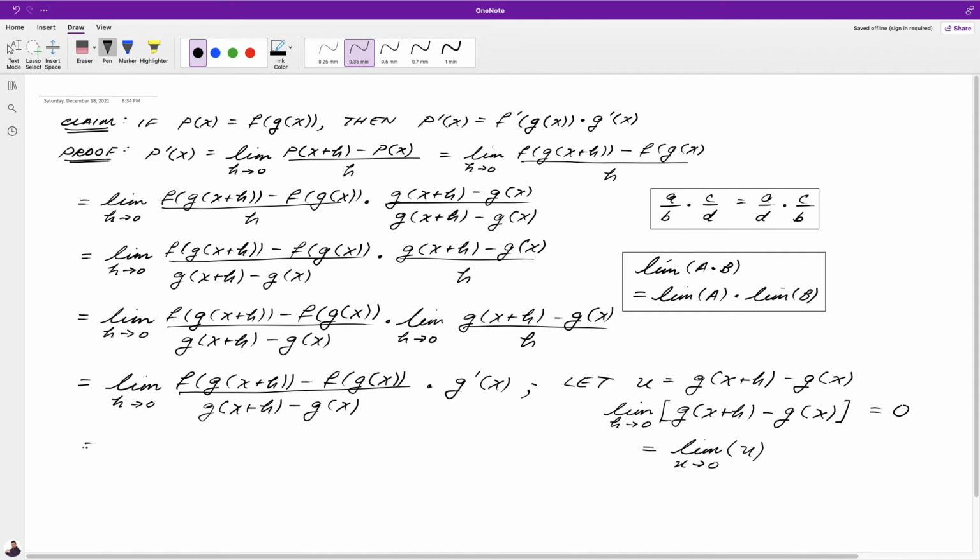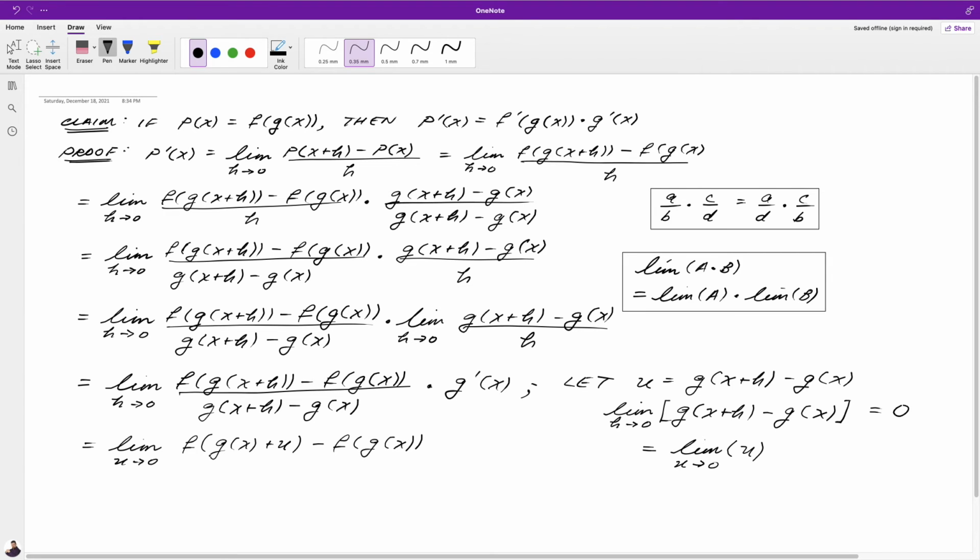I can say, this is equal to the limit now as u goes to 0. What is f of g of x plus h? Well, that's just f of something, and g of x plus h is just u plus g of x. I can solve for g of x plus h by adding g of x to both sides. So it's going to be f of g of x plus u, minus f of g of x.